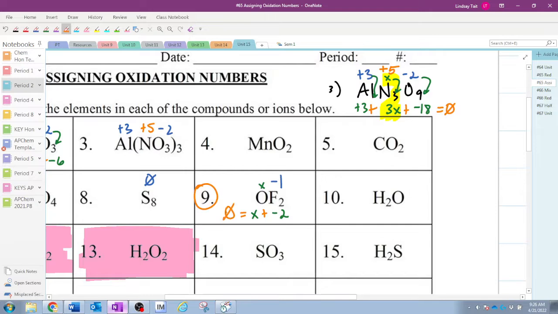And what is that going to make X in this case? X would have to be a +2. And so those would be my answers, +2 and -1. Bam, I just did an exception without memorizing anything else besides I know oxygen and hydrogen are exceptions, and I checked my math. That's how I figured out that this one had an exception in it. And that's how it will work for all of the exceptions.